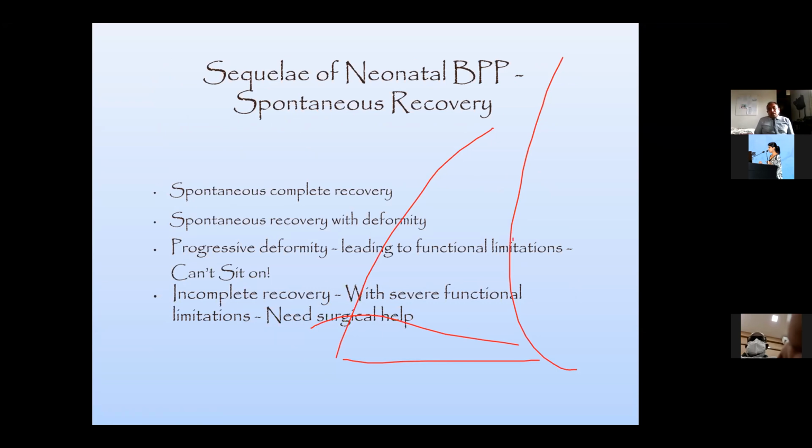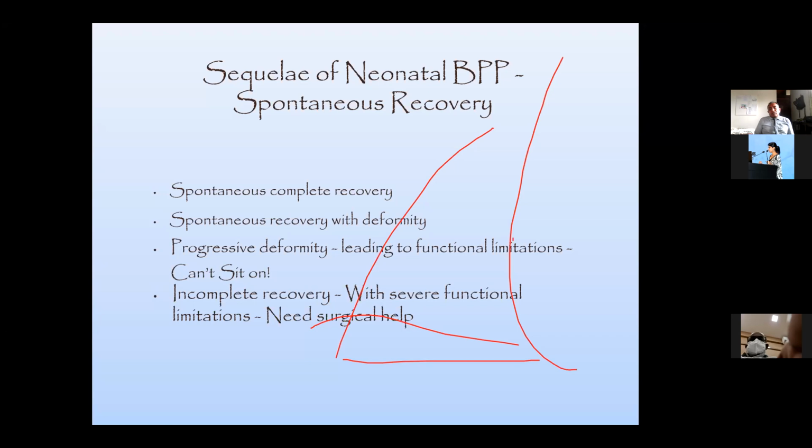The problem with some of the deformities, especially the internal rotation contracture of the shoulder and the supination deformity of the forearm, is that there is progressive deformity leading to functional limitations. Especially the internal rotation of the shoulder, if you just leave it, will go into shoulder subluxation, retroversion of the glenoid and bone changes.